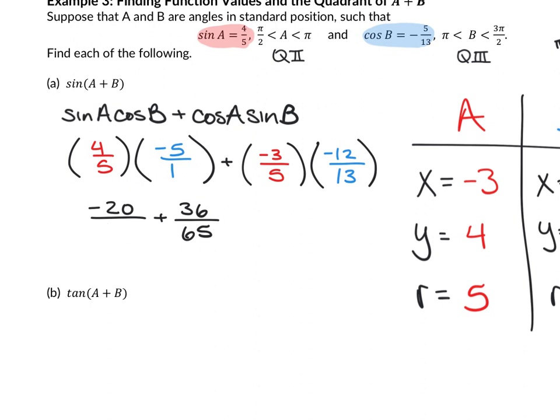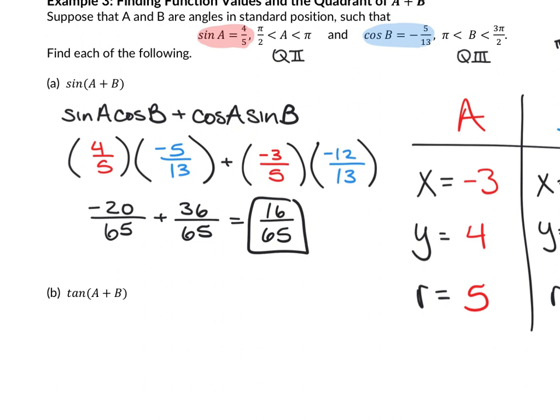This should be a whole 13. Sorry. Since they have the common denominator, we can write them as one fraction and actually do this math, which makes this 16 out of 65. And that is as reduced as it can get.